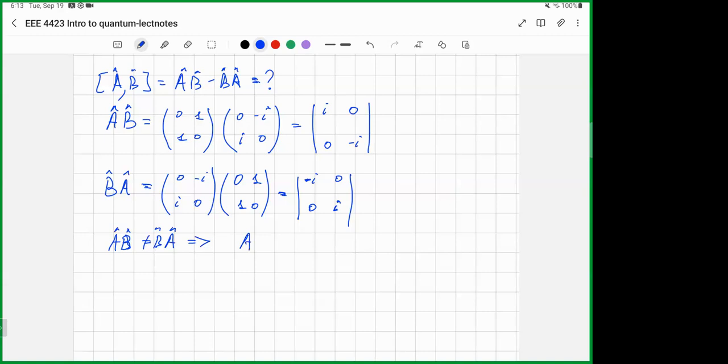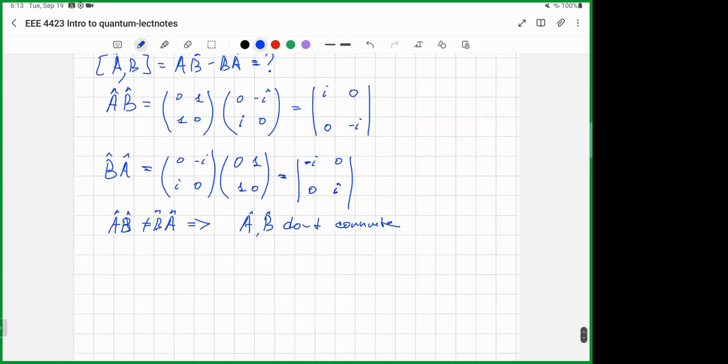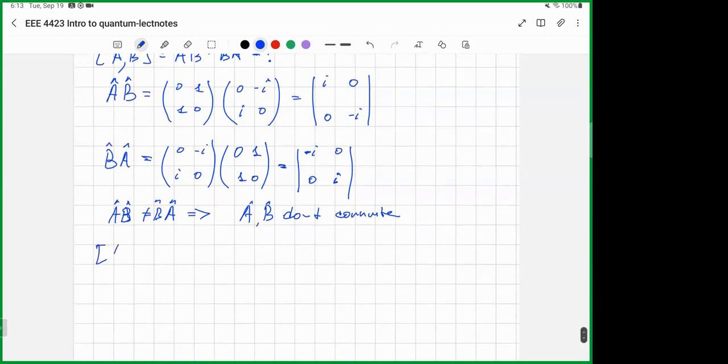So A and B don't commute. The operators are not commutative. And we can calculate the commutator of these two operators, right?